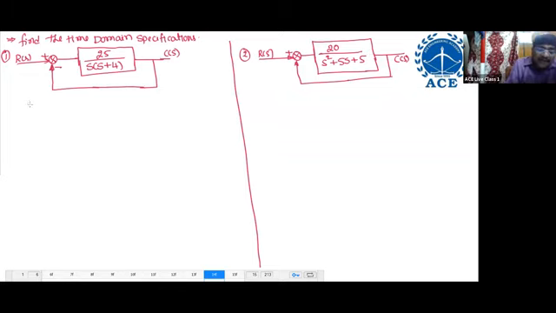Find first omega n, next zeta, next omega d, then td, tr, tp, percentage of MP, and plus or minus 2% settling time.